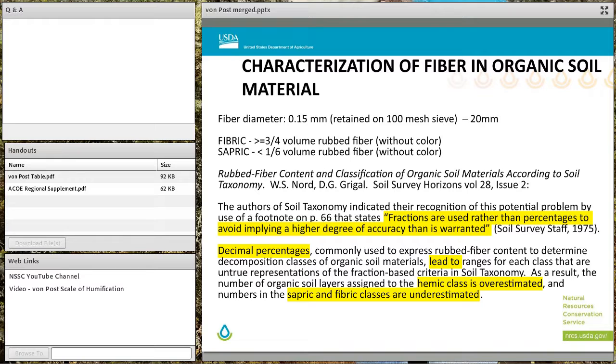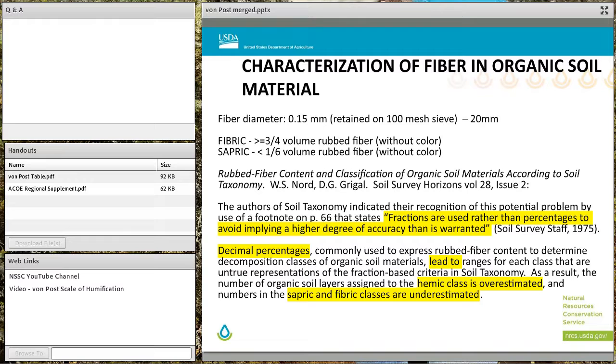So they realized when they set this up that there was some subjectivity involved.